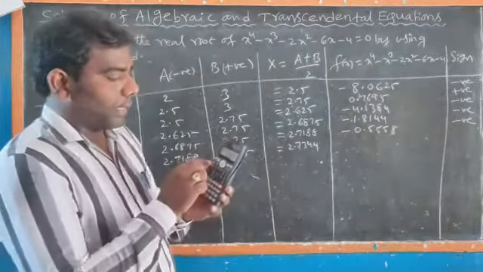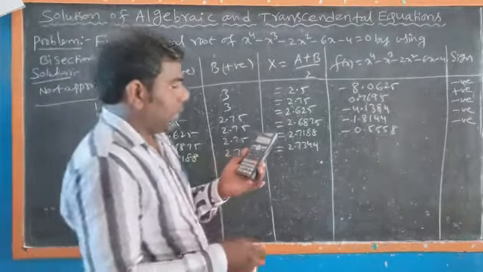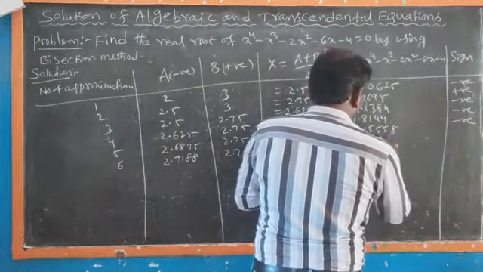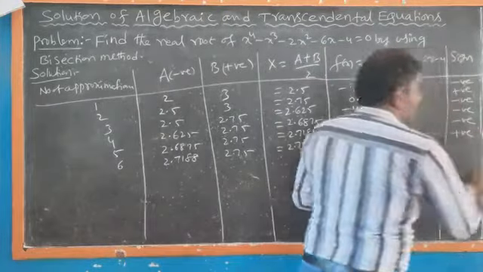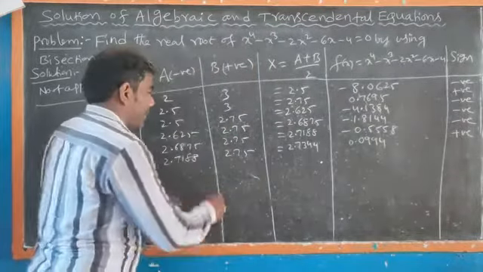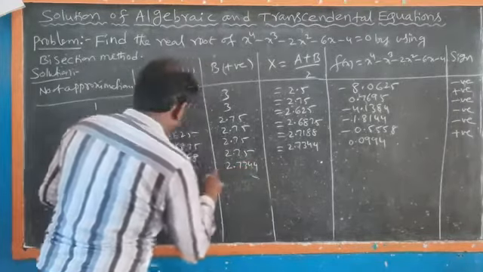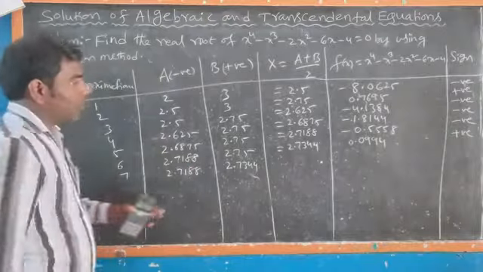Substitute x in f of x, then 0.0994. This is a positive value, so substitute x in b: 2.7344. The other value is 2.7188. This is the seventh approximation.